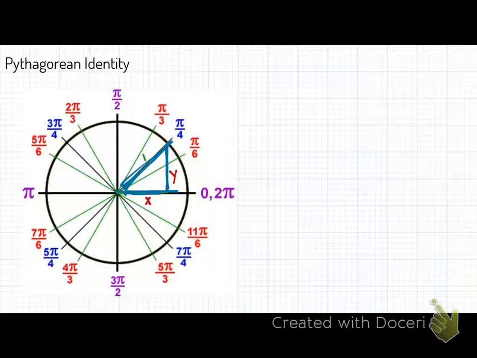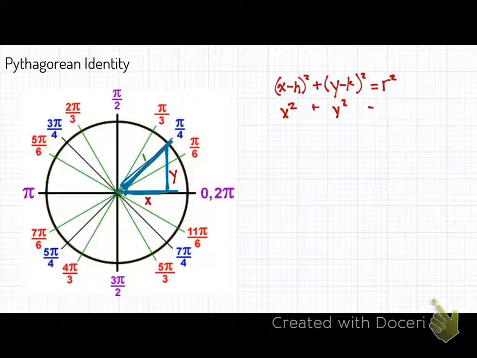Conic sections. Who wants to take a shot at it? Maybe it's in your notes. Okay, remember this: x minus h squared plus y minus k squared is equal to r squared.